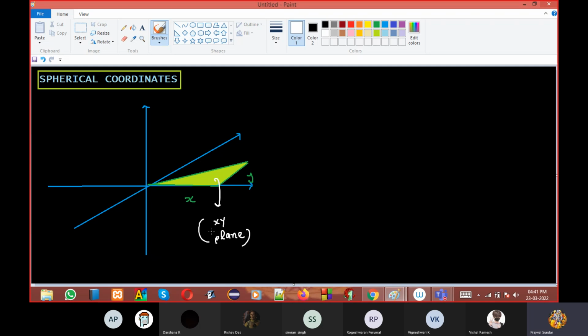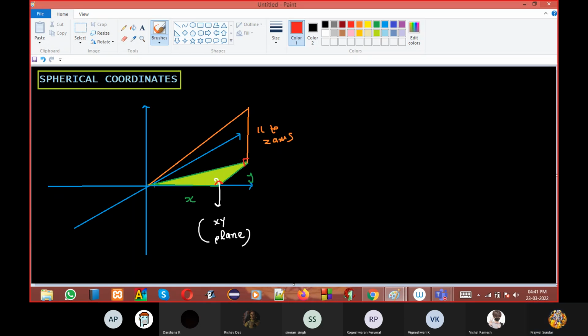Now I'm taking a line perpendicular to the XY plane and putting it like this. This line is parallel to the Z axis. So this is perpendicular to that plane. Now I'm joining these two. And out of the visualization, this is 90 degrees. Similarly, this is also 90 degrees only.